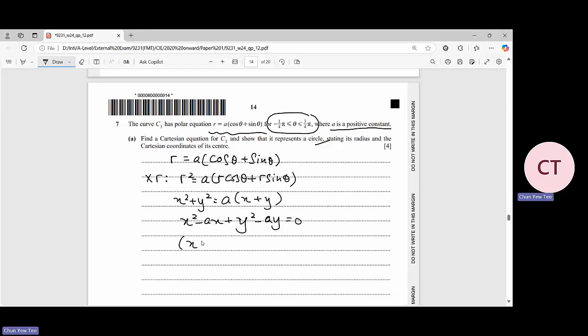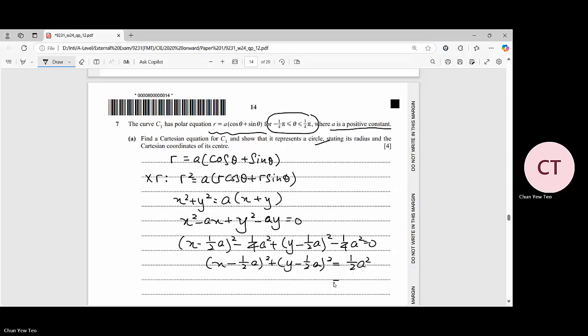Complete the square for x, complete the square for y, and you get this equation of a circle. Then this one will be 1 over 2 a squared.